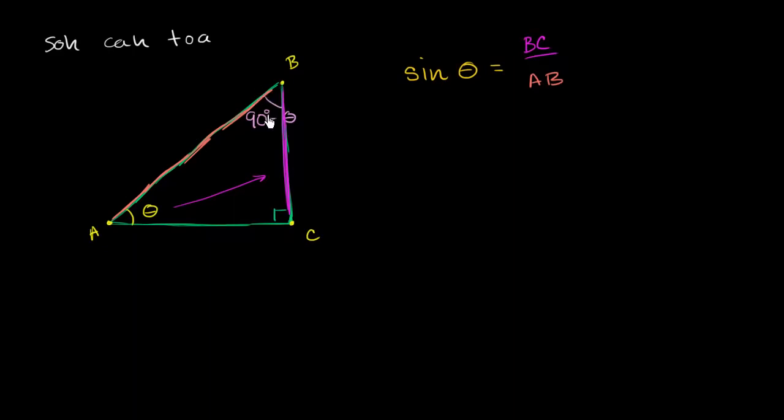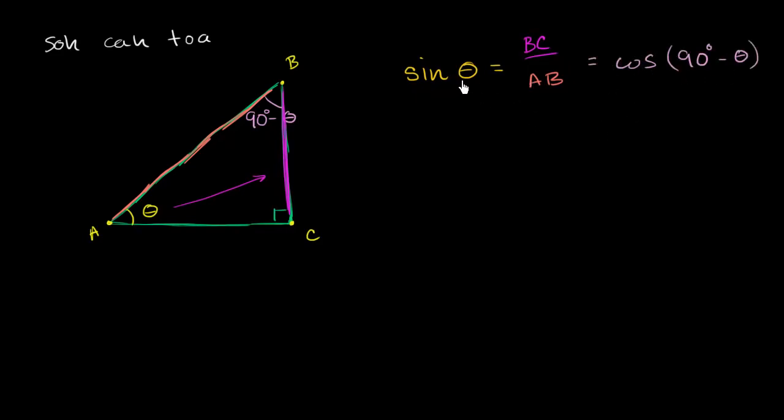So from this angle's perspective, this is adjacent over hypotenuse, or another way of thinking about it, it's the cosine of this angle. So that's going to be equal to the cosine of 90 degrees minus theta. That's a pretty neat relationship.